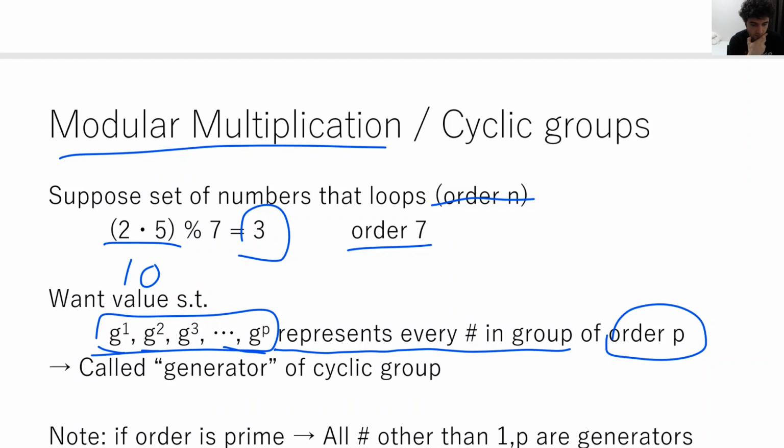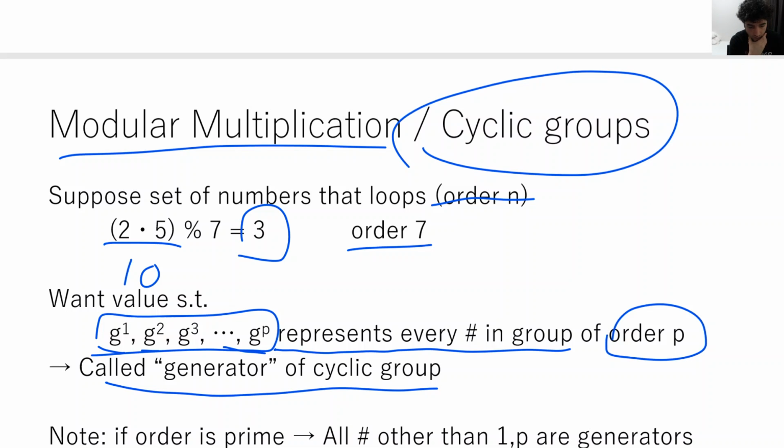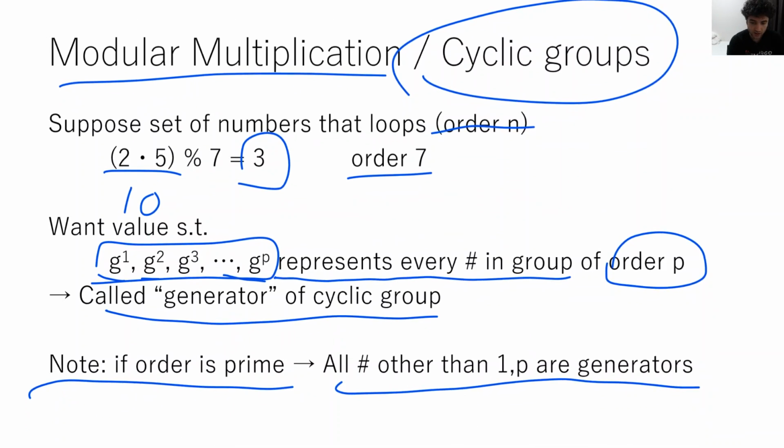If you have such a scenario, then g is called a generator of a cyclic group, and this is what the cyclic group is. You can also note that if the order is prime, then all numbers other than 1 and p are generators. You can make a more general statement than this, but this is all we'll need for our presentation.